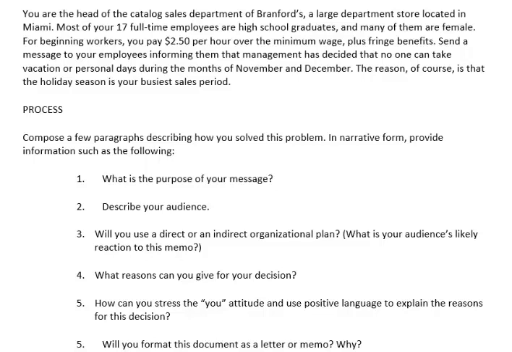A pathos way of looking at it might express the unity and teamwork and being there for each other and doing what's best for all of us. Whereas an ethos perspective might be convincing the reader that you know the best strategy by virtue of the fact that you've been in the business. You're the boss. You have 17 full-time employees.